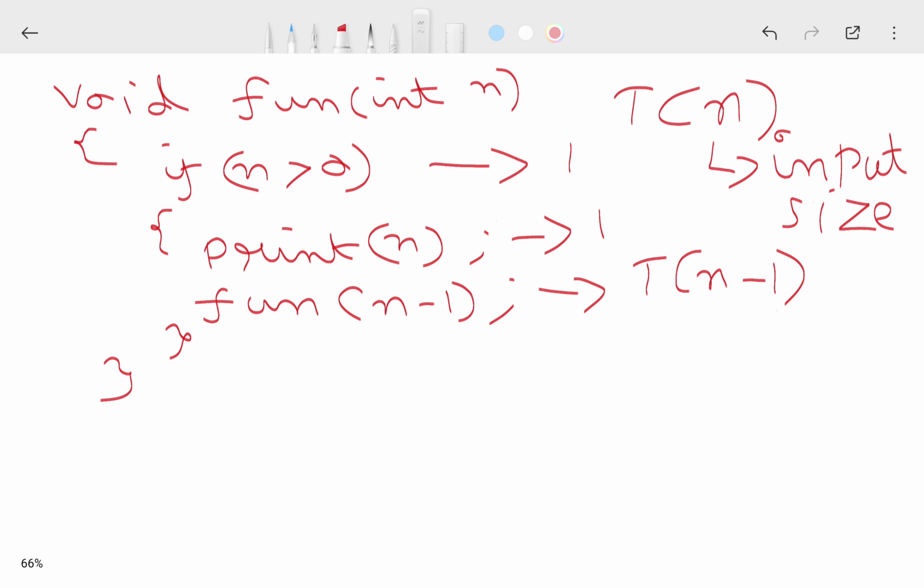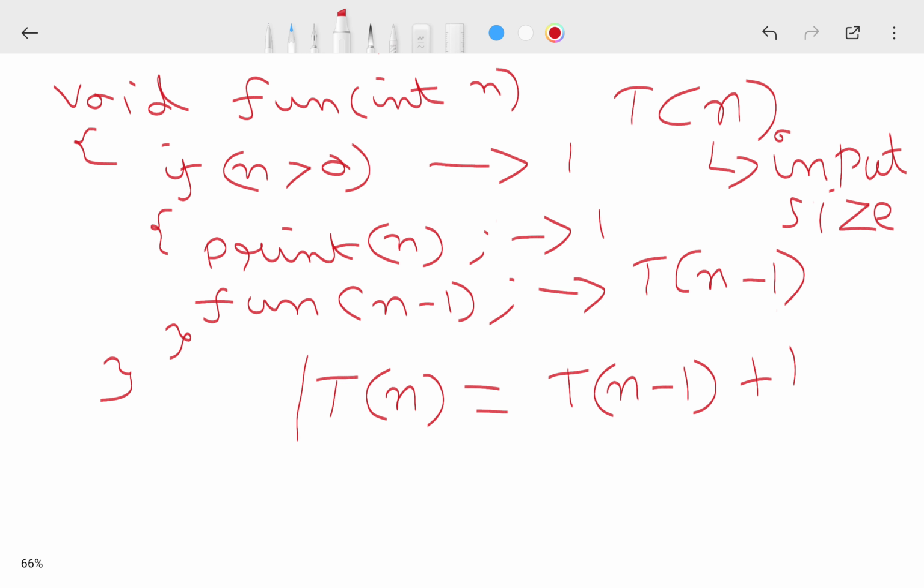Now we can frame the recurrence relation. T of n is equal to T of n minus 1, plus the sum of the time needed for all the other lines. We can take both those two statements as a single time unit, so plus 1.